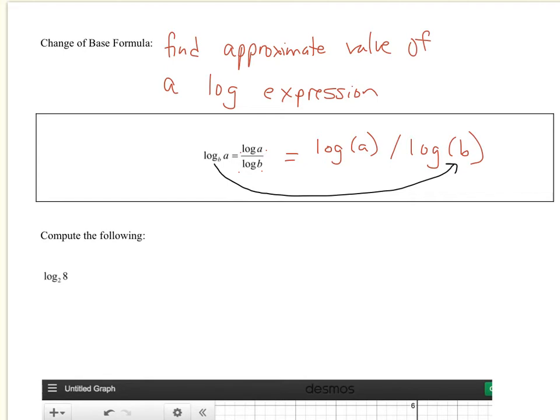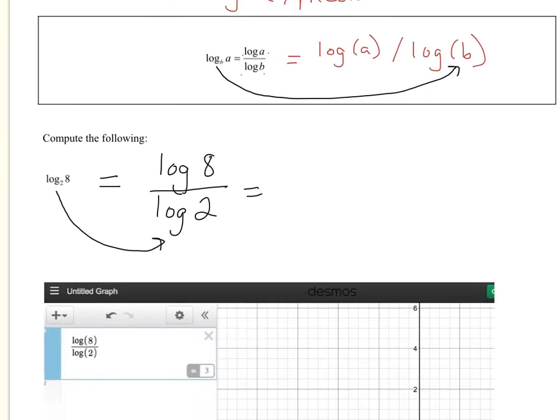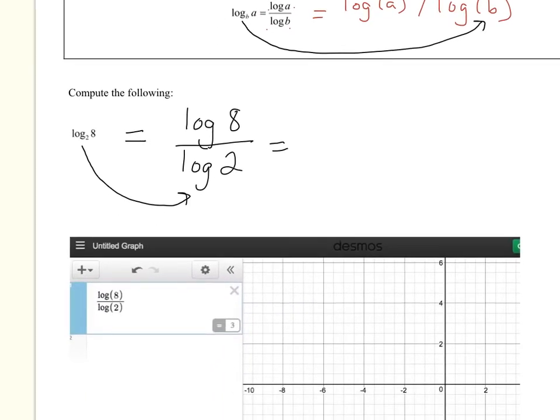So for example, if I want to know what log base 2 of 8 is, I can just type in log of 8 divided by log of 2. Again, the base goes on the bottom. Now I don't know what log of 8 divided by log of 2 is. But you can see I typed this into Desmos, and I just typed the word log parenthesis 8 divided by log parenthesis 2.